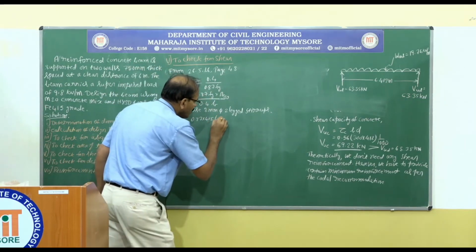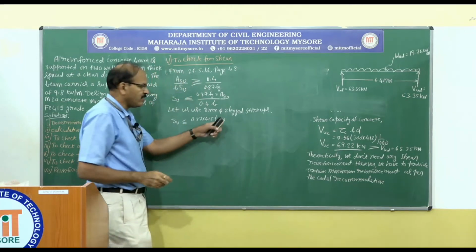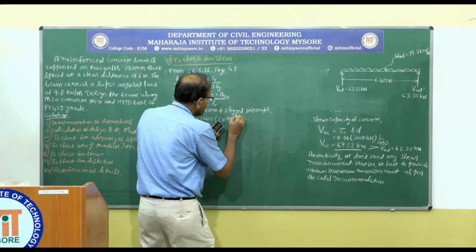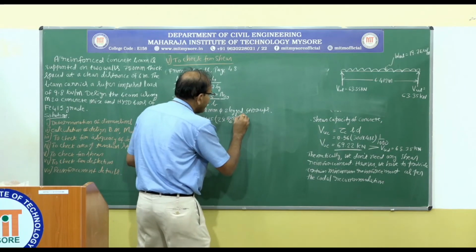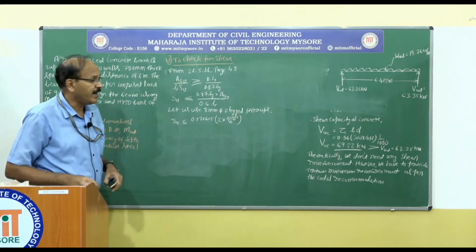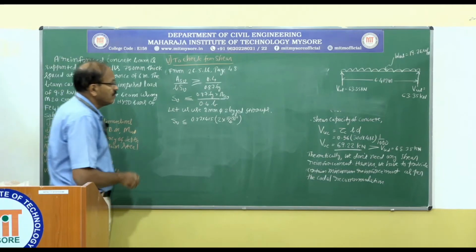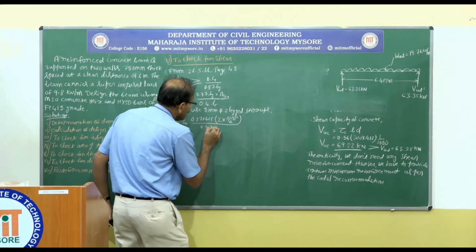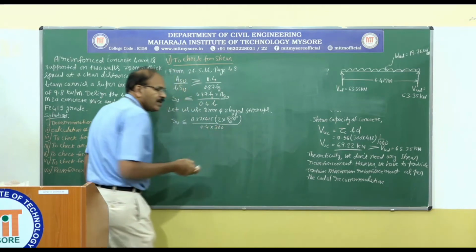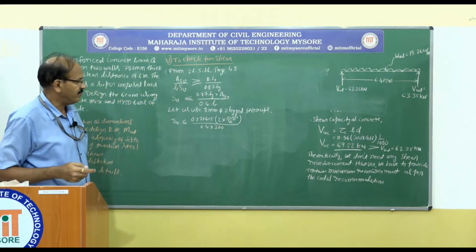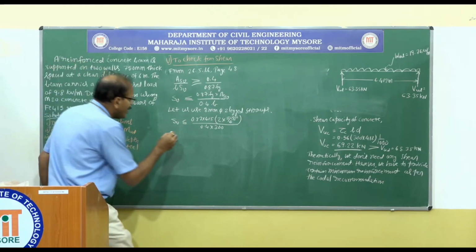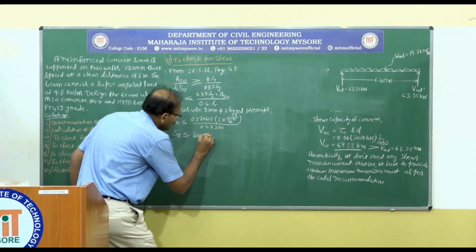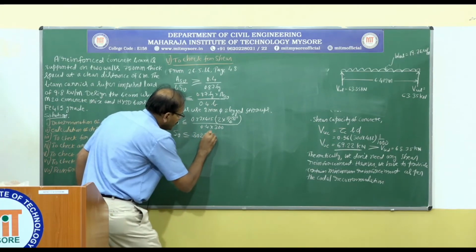We have 2-legged stirrups, that's why I have written 2, and the area of cross section of an 8 mm diameter stirrup, divided by 0.4 multiplied by 300 mm, the width of the beam. So this value I get equal to 302 mm.